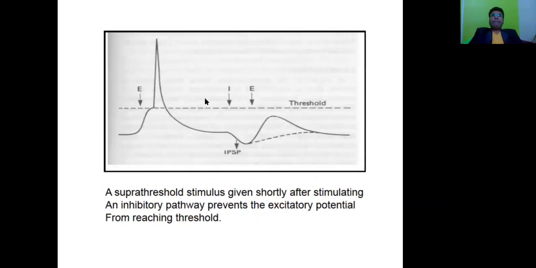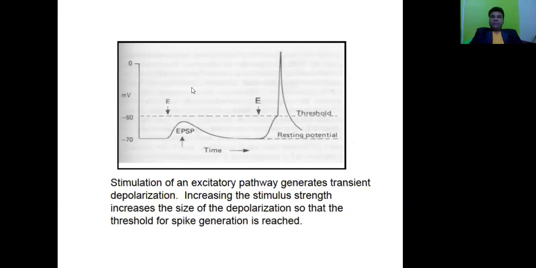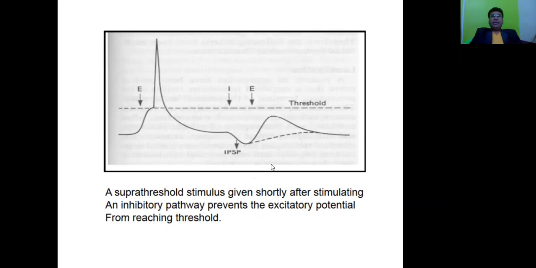An excitatory postsynaptic potential follows the stimulus, whereas an inhibitory pathway prevents the excitatory potential from reaching the threshold.